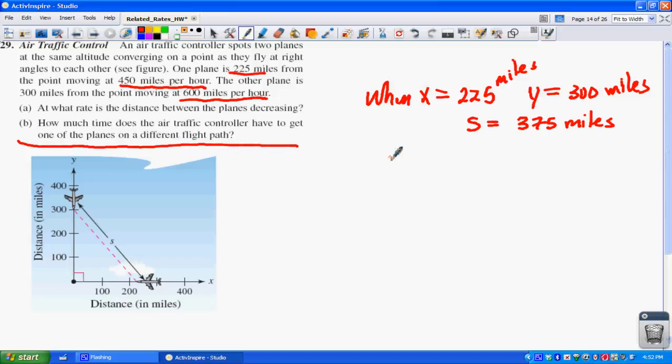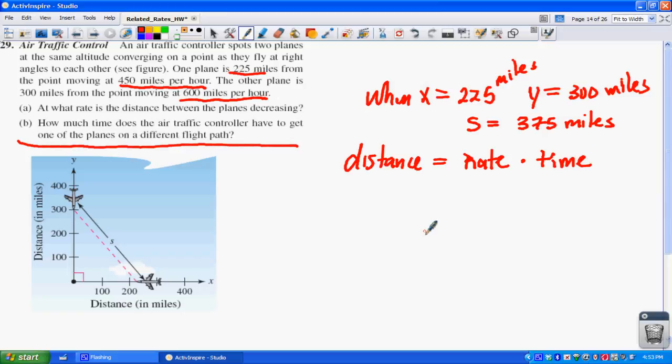Now, I don't know if you remember, but this really comes down to a formula that you should have been using in algebra days and so forth, where distance is equal to rate times time. Do you remember that?